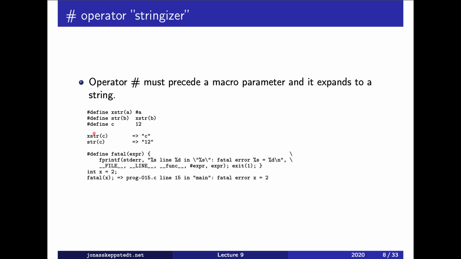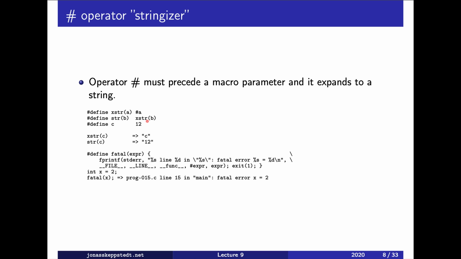So it's done like this, and this parameter b will be discovered when the preprocessor checks the definition of this, and it will see that this xstr is in fact the name of a macro.